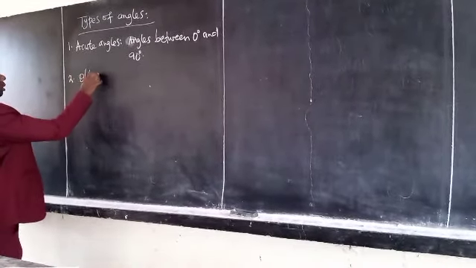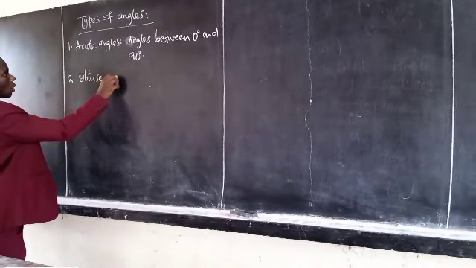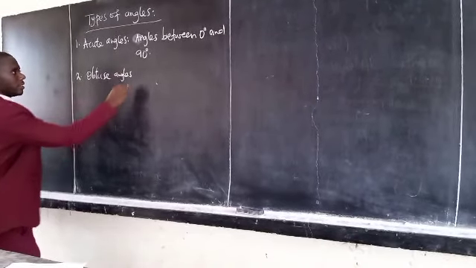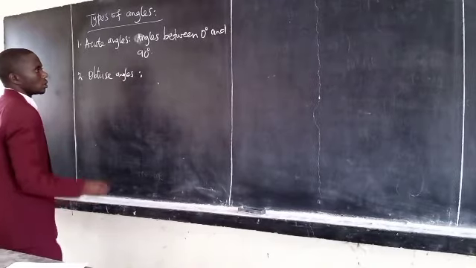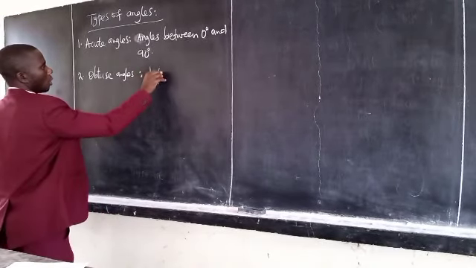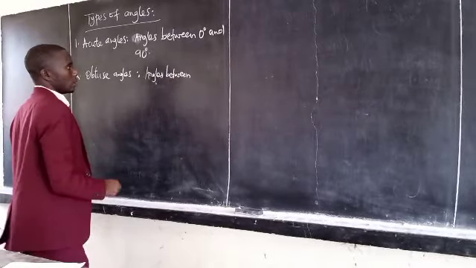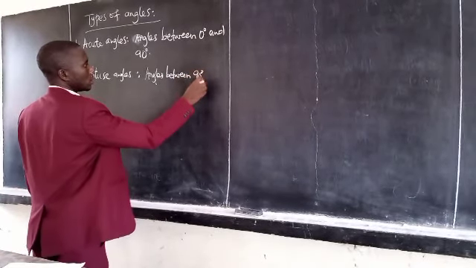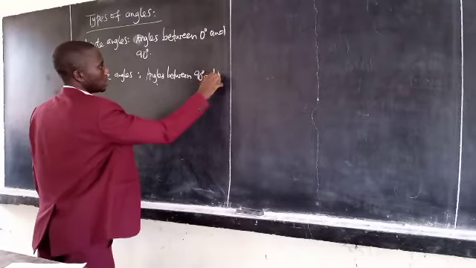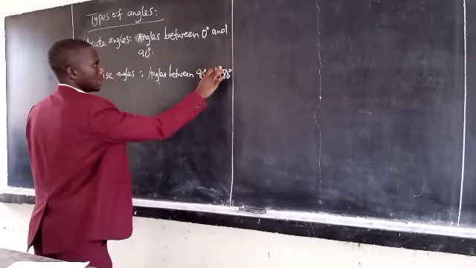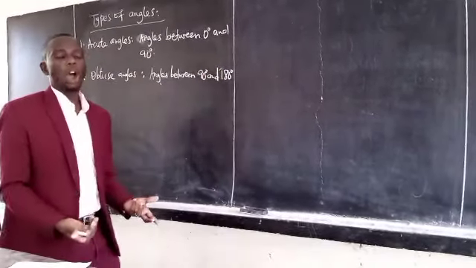Obtuse angles. These are angles between 90 degrees and 180 degrees. Those are obtuse angles.